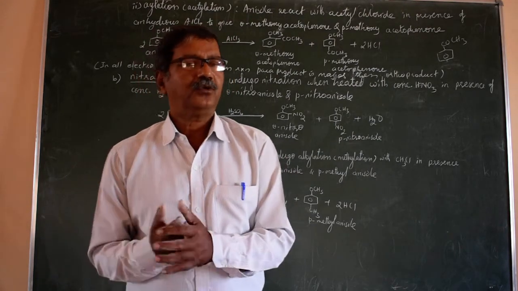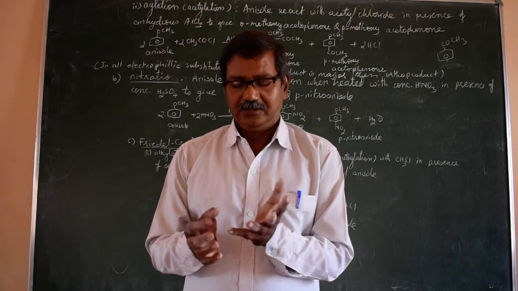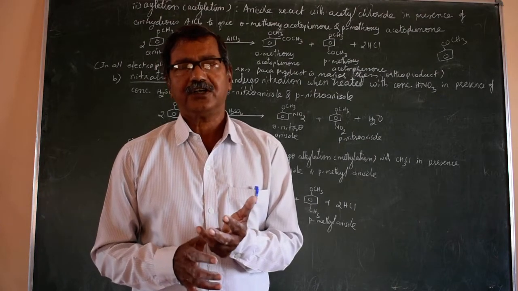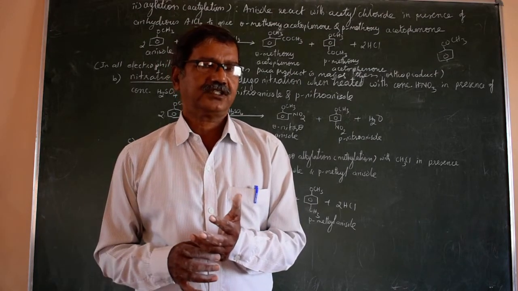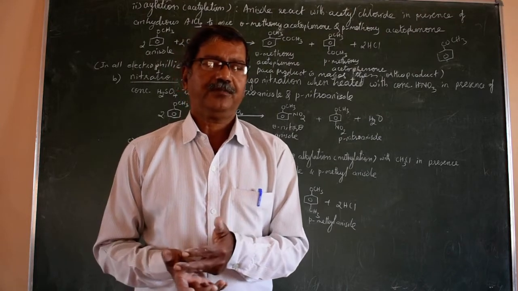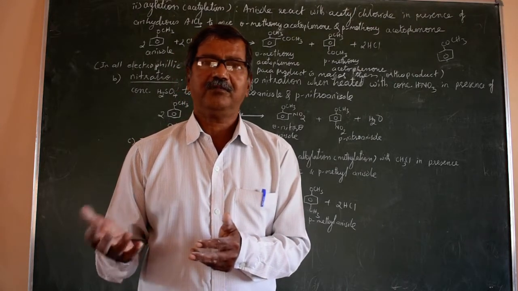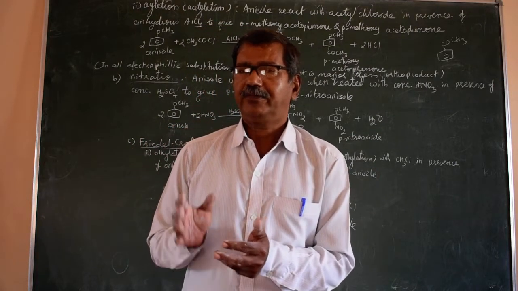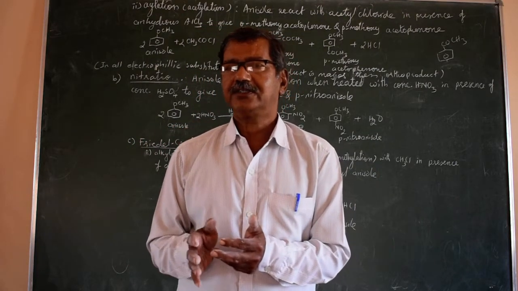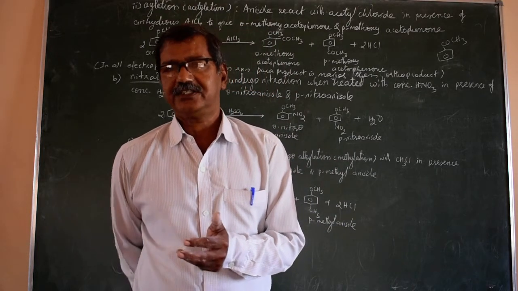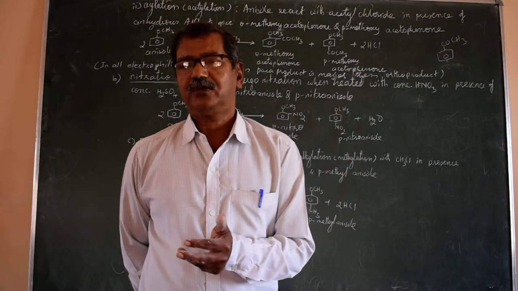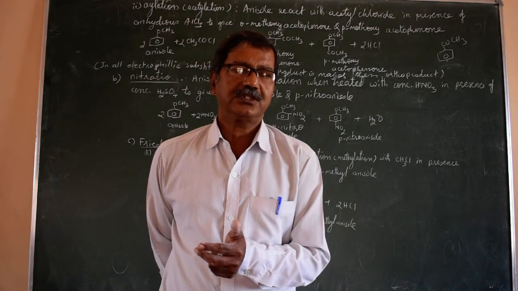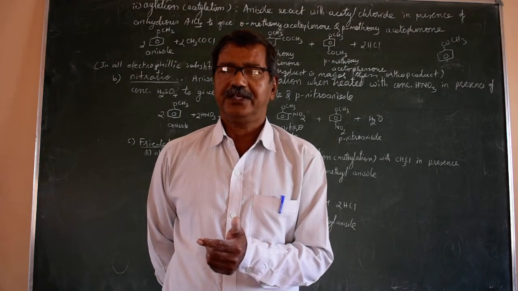Other portions are also important. In alcohols, an important one is preparation of different types of alcohols. You may have a question for the board exam or the competitive exam. You must be perfect in the preparation of primary, secondary and tertiary alcohol using different reagents. As you have studied, it is from ethene, from carbonyl compounds, that is aldehydes and ketones, and from the Grignard reagent.